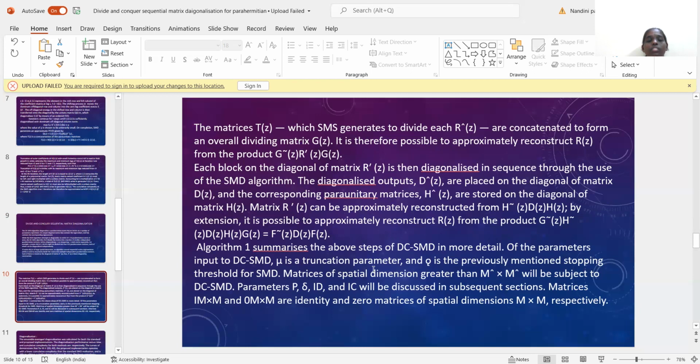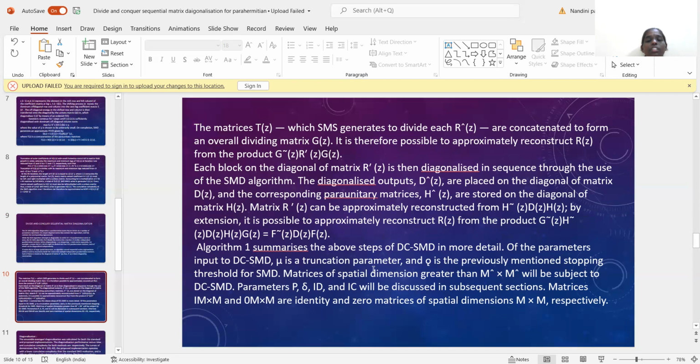Algorithm 1 summarizes the above steps of DC-SMD, with more detail of the parameters input to DC-SMD. Mu is a truncation parameter and Q is the previously mentioned stopping threshold for SMD.